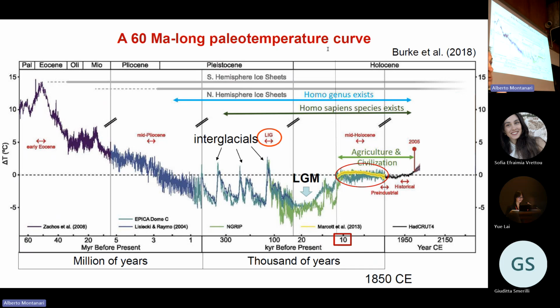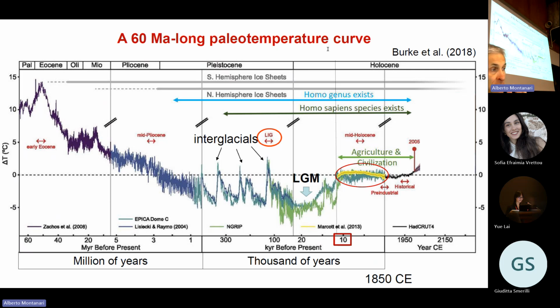From this subsequent picture, you can see that they marked here the interglacial periods, what are called interglacial periods, which are relatively warm periods within a glaciation. And they were relatively long-lasting, relatively compared to the duration of the Holocene so far.